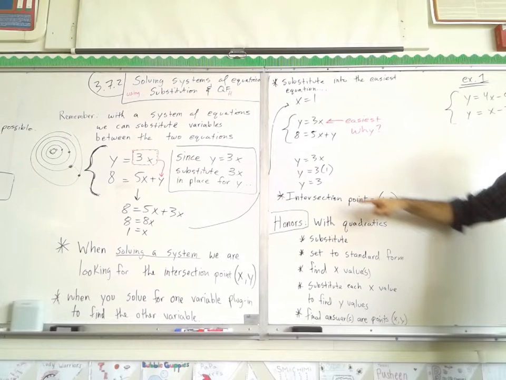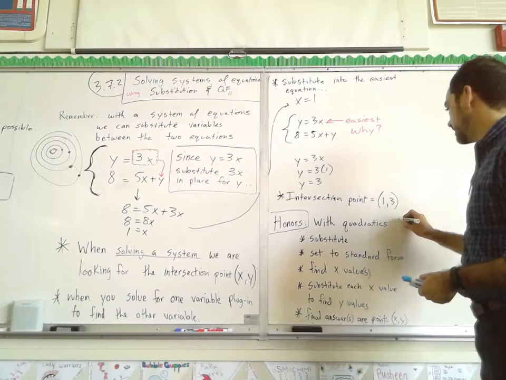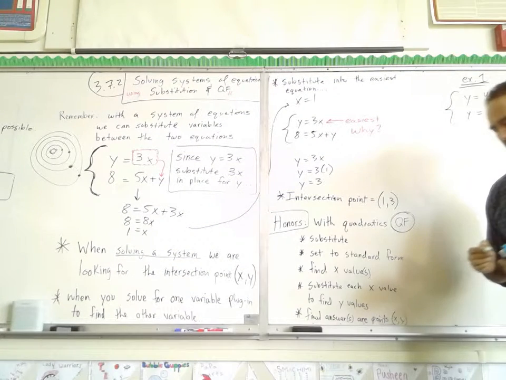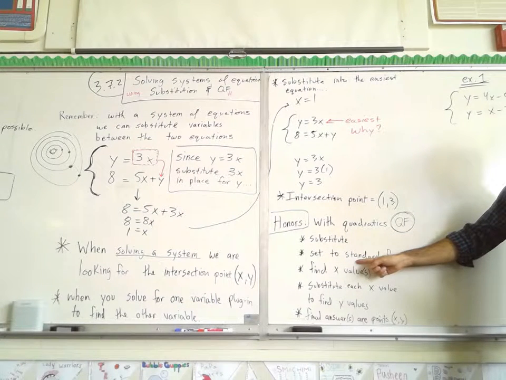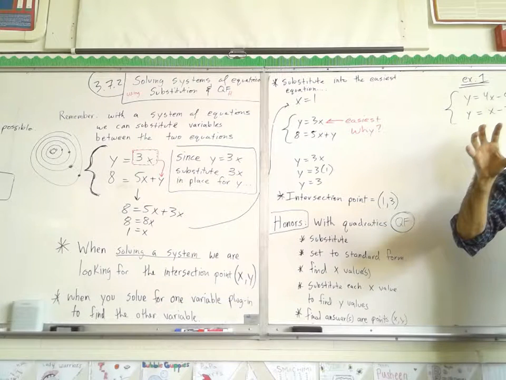So just for you guys, with quadratics and using the quadratic formula, you're going to do the same thing. You're going to substitute, but then you set to standard form. So move everything over to one side so it's equal to 0. And we'll do that when we get to example 3 here. Then you find the x values.